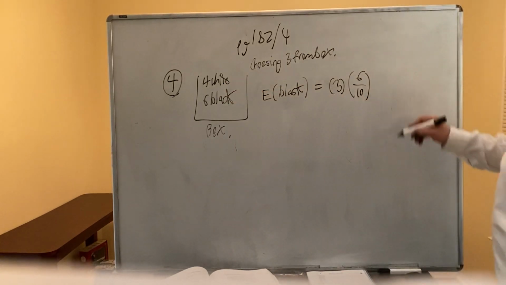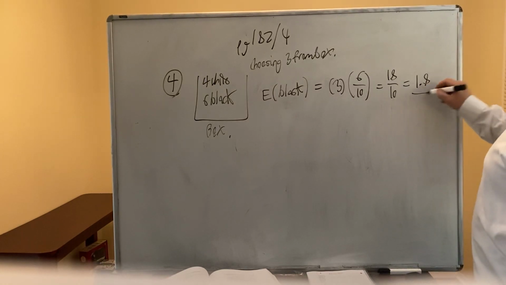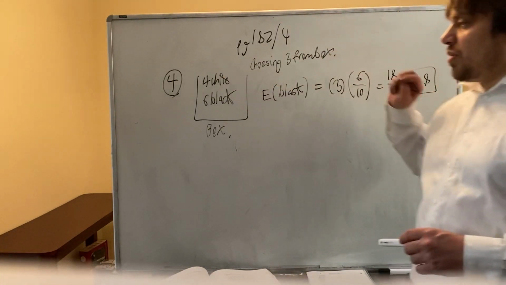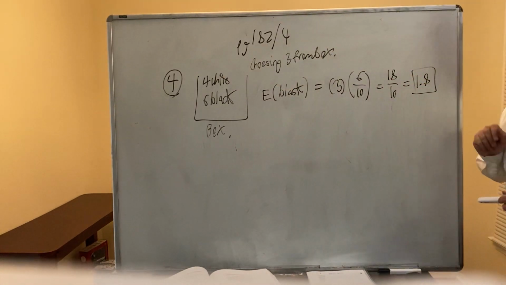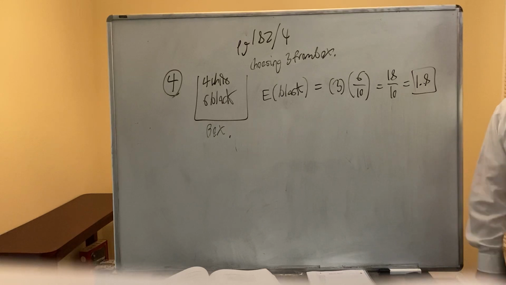So 3 times 6 over 10 is 18 over 10, that's 1.8. So on average, if you choose 3 balls from this box, in the long term you choose 1.8 that are black.